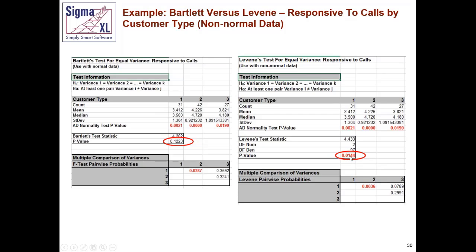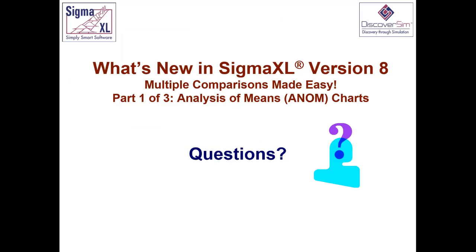So there is a statistically significant difference in variability. And the Levene Anom chart helps you to interpret that. Also new in version 8, which I'm going to talk about in the next webinar in 2 weeks, are these multiple comparison of variances. And that actually concludes the presentation.